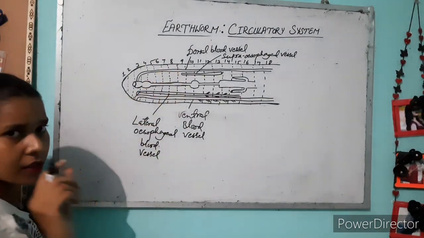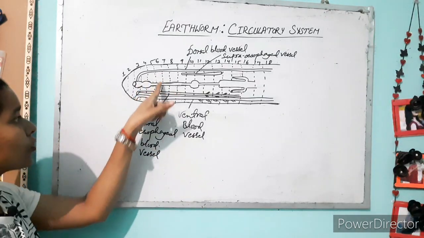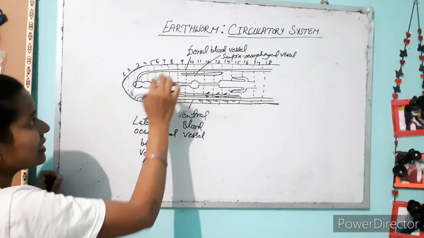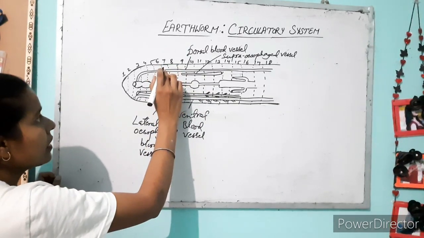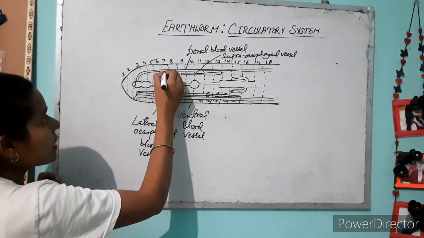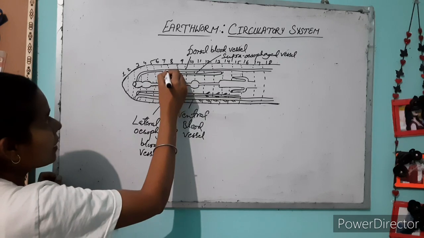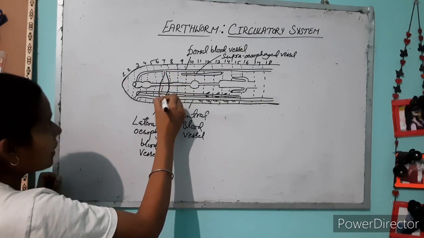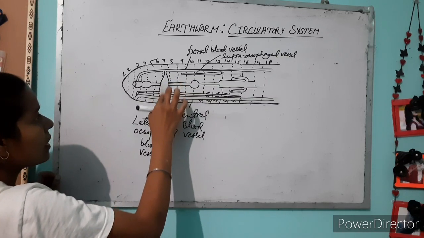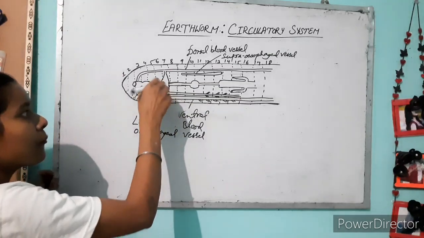Simple broad tubes attach the dorsal tube to the ventral tube. Okay, the dorsal tube and ventral tube are attached with each other in the 7th segment. Let me draw that tube from the 7th segment. It is broad, just like this. This one is a pair.